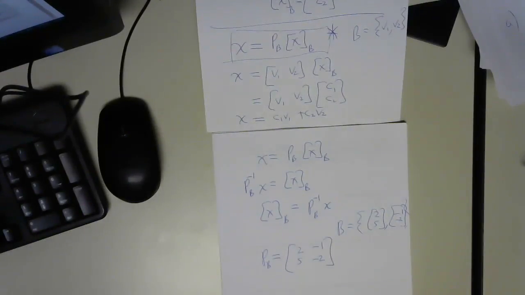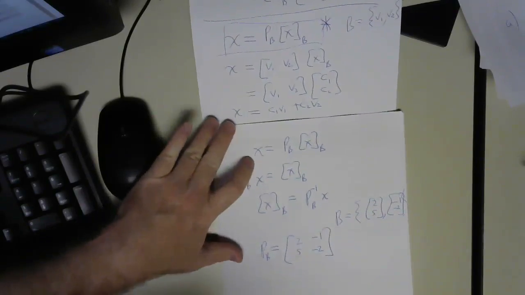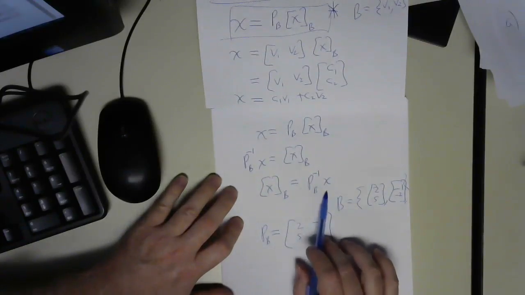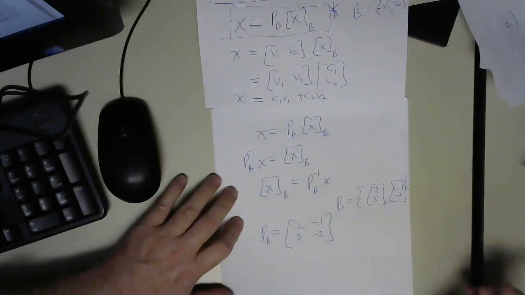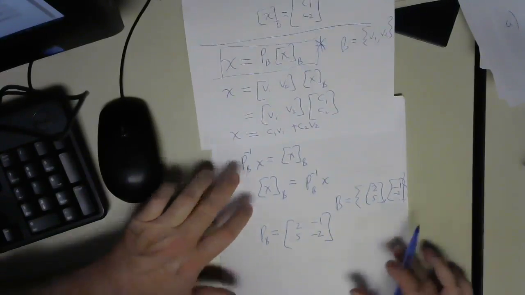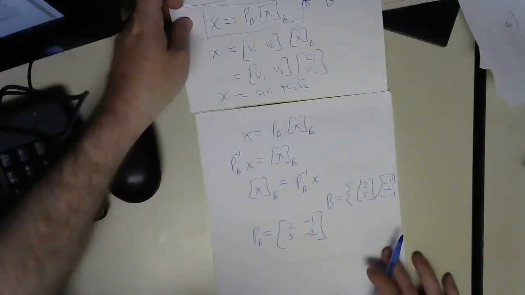All right, so that's what PB is. All right, so we just have to find the inverse of this matrix, essentially, and then multiply by x in general. And that's what they're calling A in this problem, is P inverse sub B, the inverse of the change of coordinates matrix.